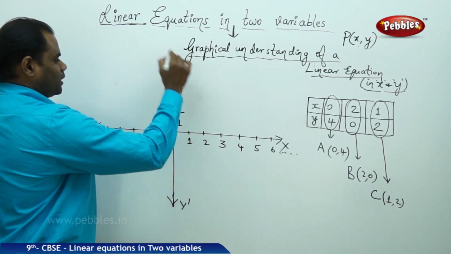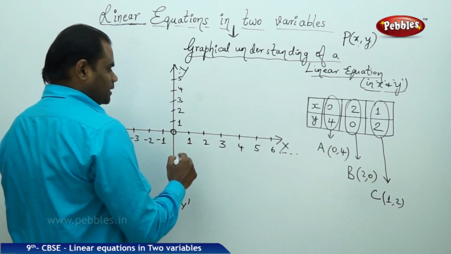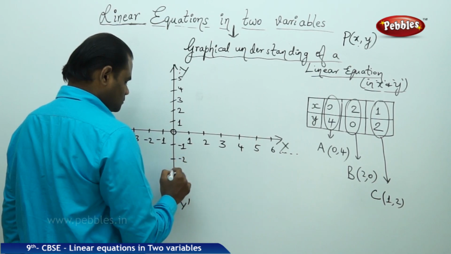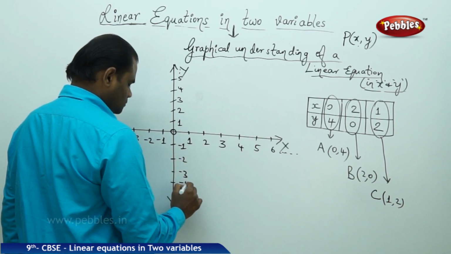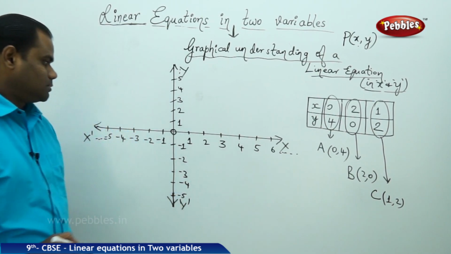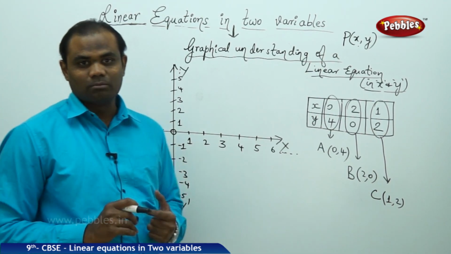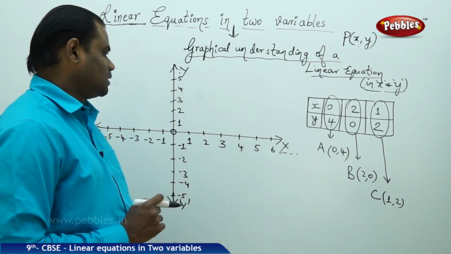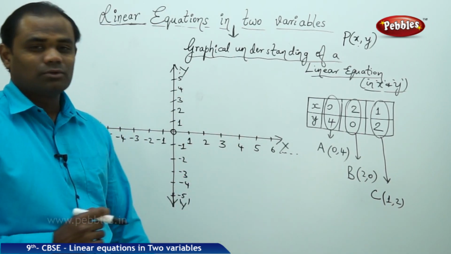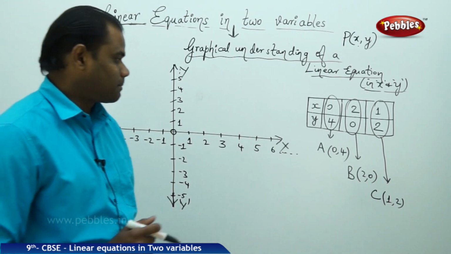Four, 5, and this is the scale. So once the scaling is done for both x and y axis with 1 centimeter equal to 1 unit, let's see how the points can be plotted.